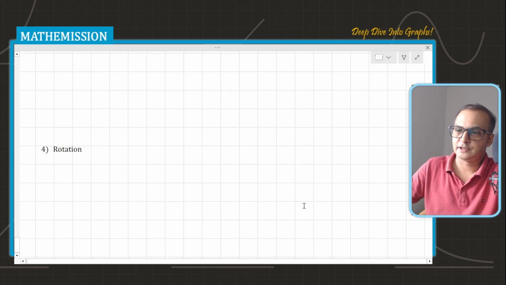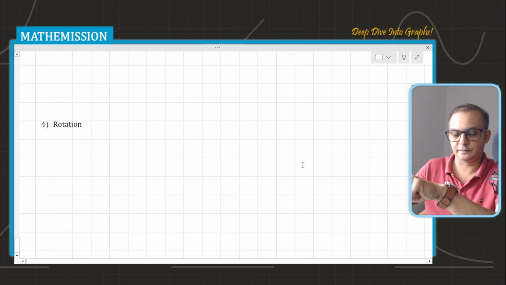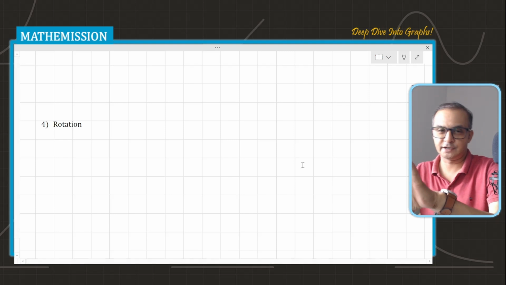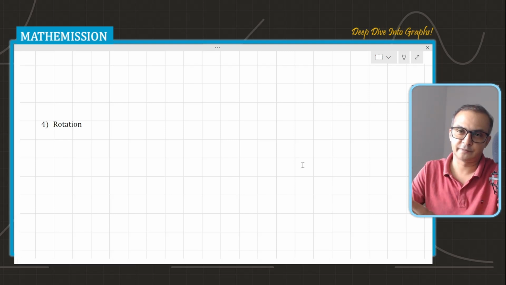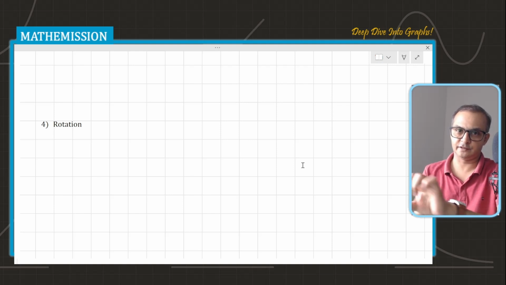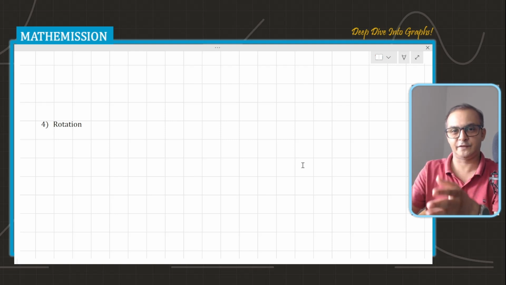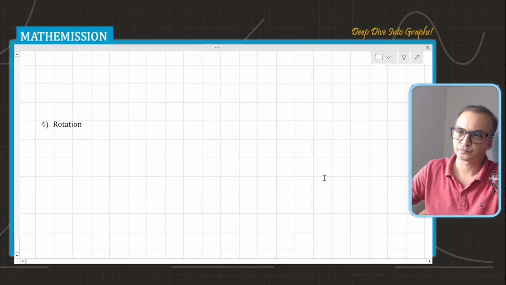The next is the rotation, which we are not going to cover here. The rotation needs some other kind of technique, so we will focus on that in the last parts of this video series. For rotation, we have to change the axis and see how the axis change gives the effect of rotation of the function.